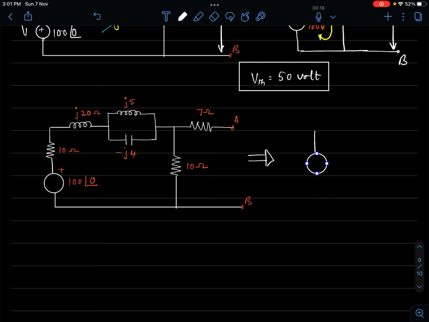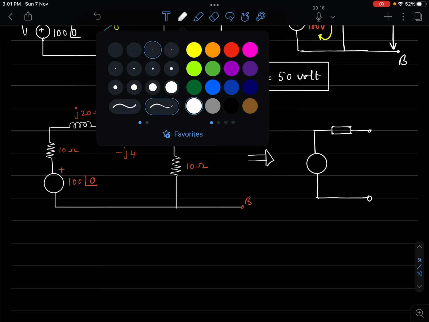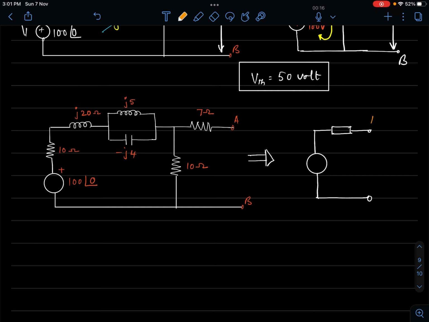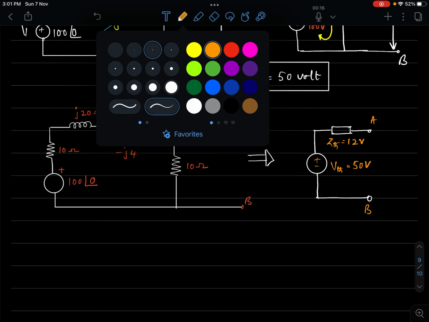It will have a voltage, then it will have an impedance. This is my Thevenin source. So any network between a pair of terminals can be seen as a Thevenin source. This is my terminal A, terminal B. This is my ZTH, whose value is 12 ohm, and this is my source, which is VTH equal to 50 volt.